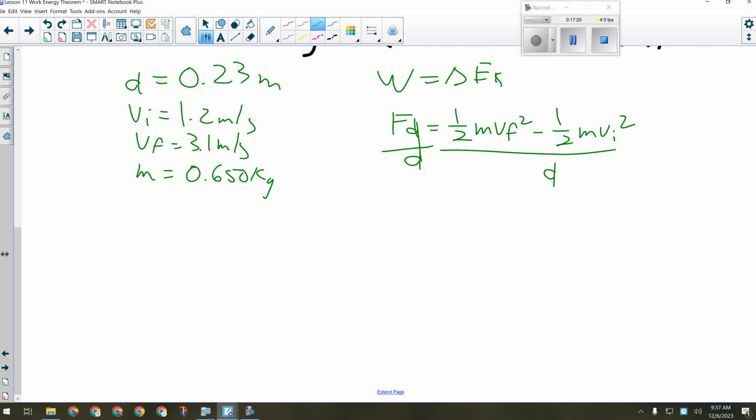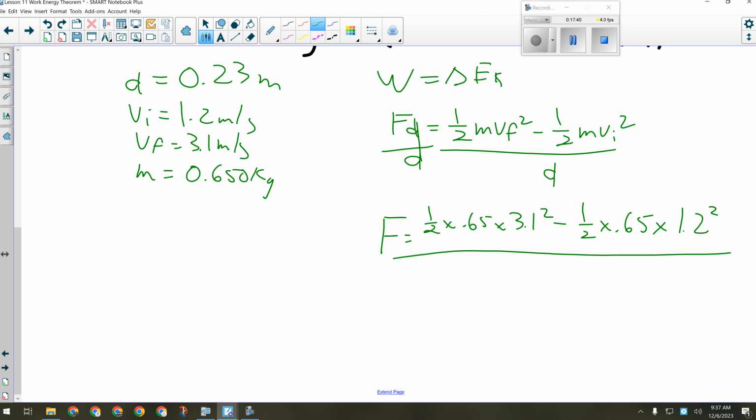Okay, so that means then that the force will equal 1/2 times 0.65 times 3.1 squared minus 1/2 times 0.65 times 1.2 squared.